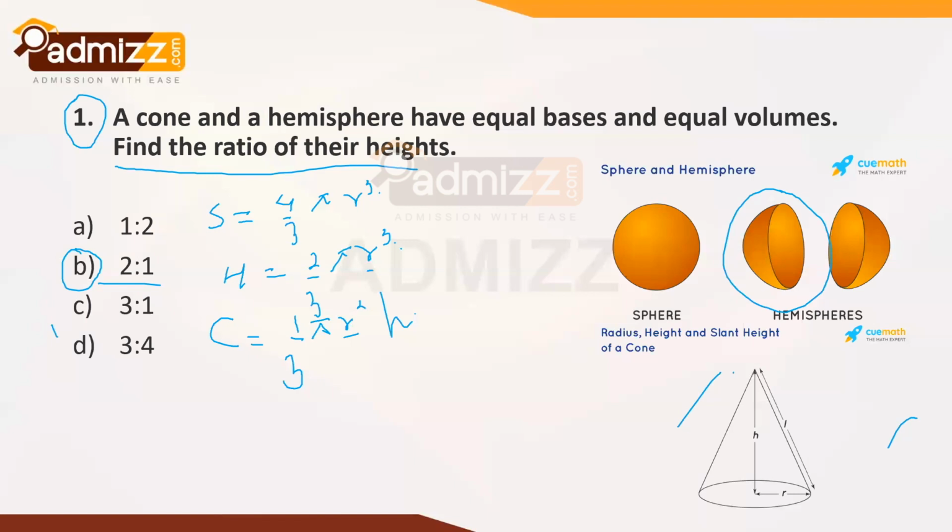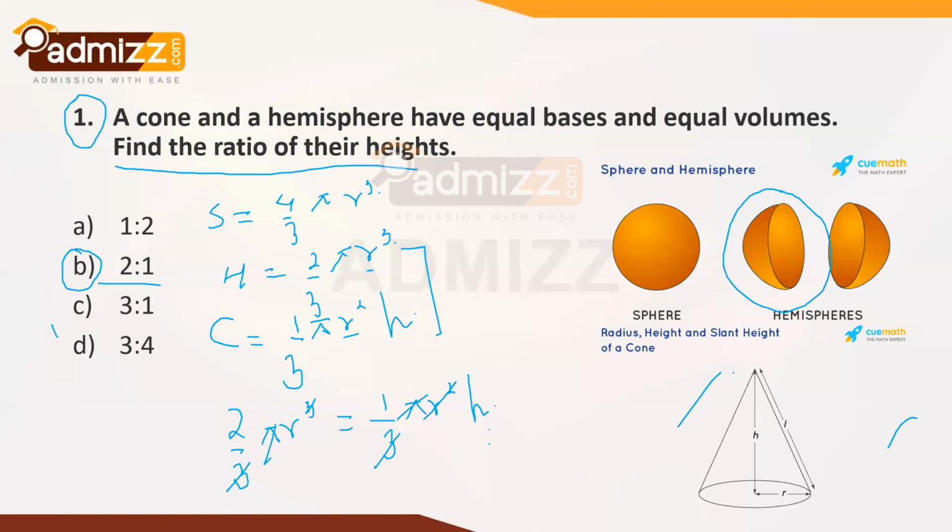So we can equate these two to get 2/3 pi r cubed is equal to 1/3 pi r squared h. From this, the 3 and 3 in the denominator cancel out. R cubed cancels with r squared, so we've got r left on the left-hand side, and pi and pi cancel out.